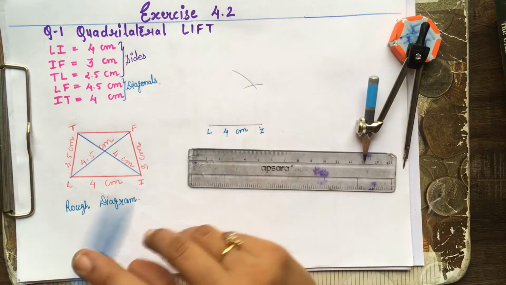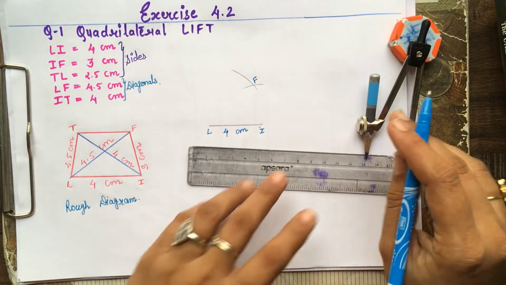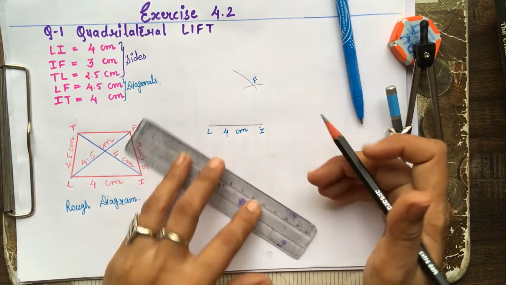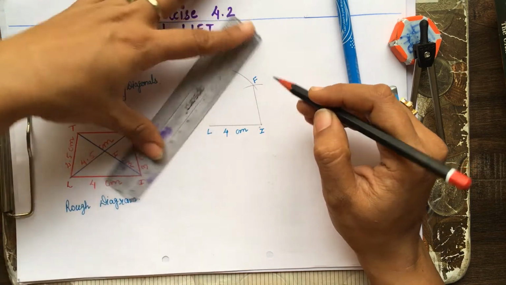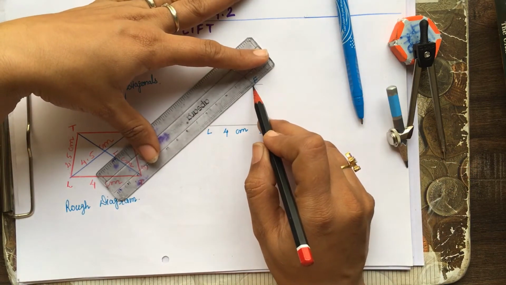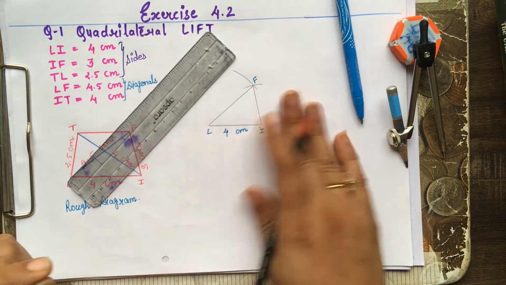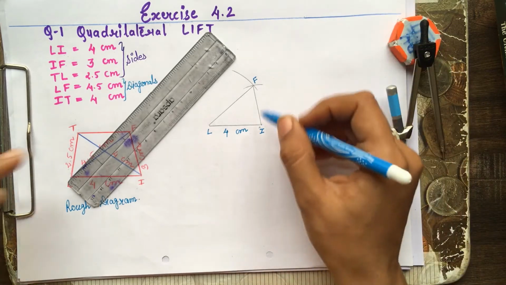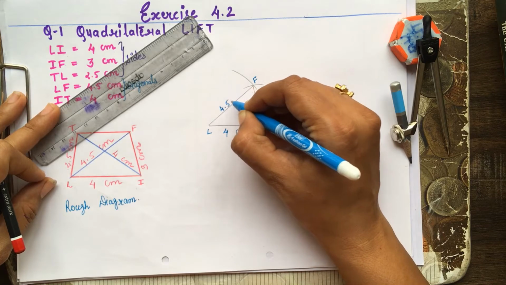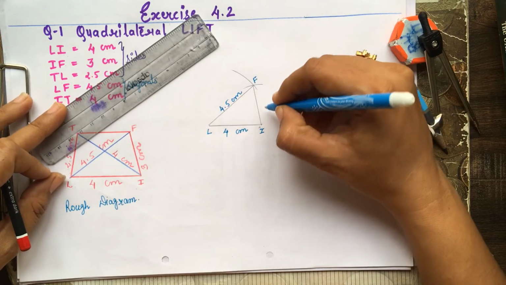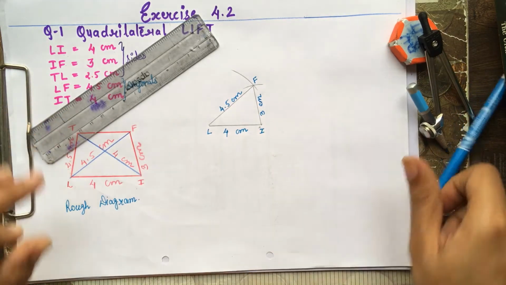And this point of intersection will be F, and next we will join IF and LF. So we are done with the triangle LIF, where this LF is 4.5 centimeter and IF is 3 centimeter.